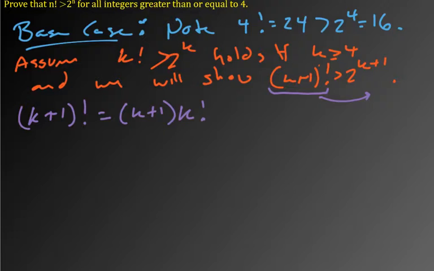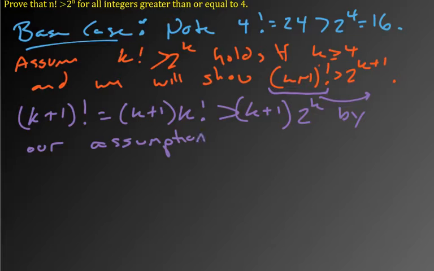Because it's just like k plus 1 times k times k minus 1, and so on. So that's just the definition of k plus 1 factorial. And this is greater than k plus 1 times 2 to the k by our assumption. Right? That was exactly what I'm using, this part right here, k factorial bigger than 2 to the k, right?